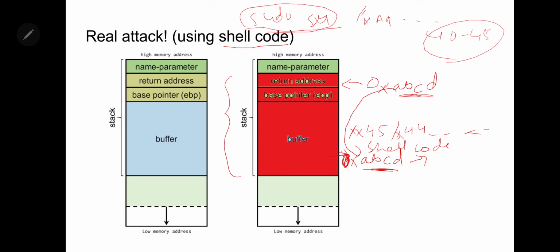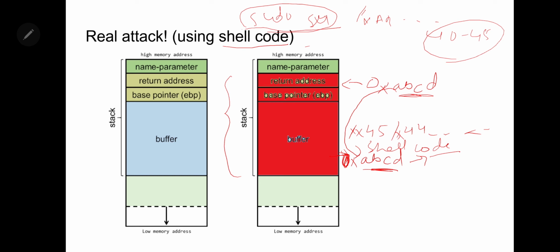This command is a shell code, but the program does not know, because it just obeys whatever it sees right in front of it. So it executes the shell code, and if the shell code is giving you a root access, you can actually go and take that access. So more or less, that is what the shell code is all about.